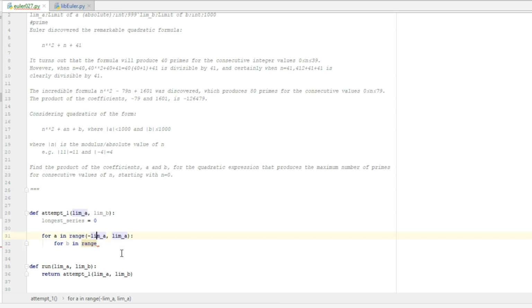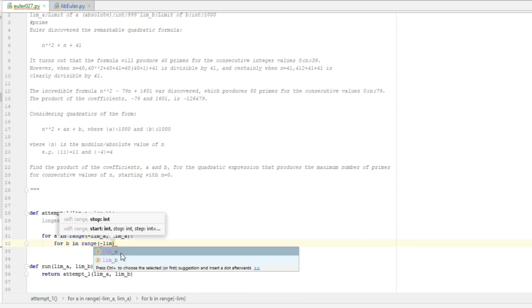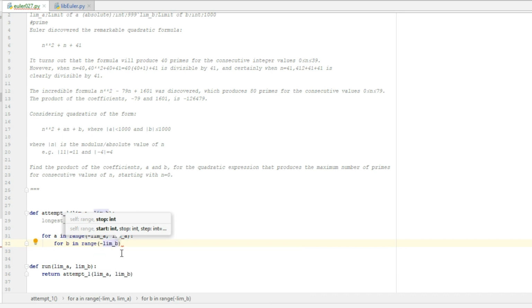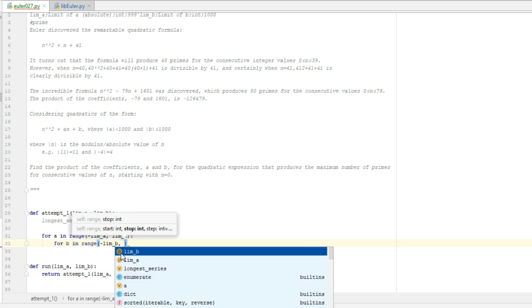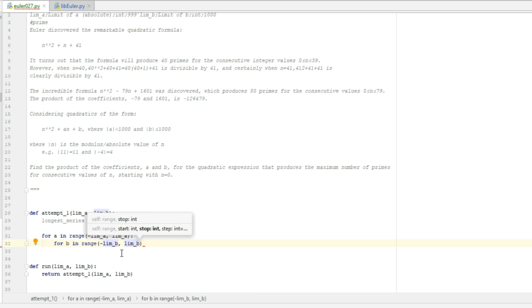And b is basically the same. We have a lower limit and an upper limit, and we should actually add one to this, because otherwise the last element will be skipped because of range.